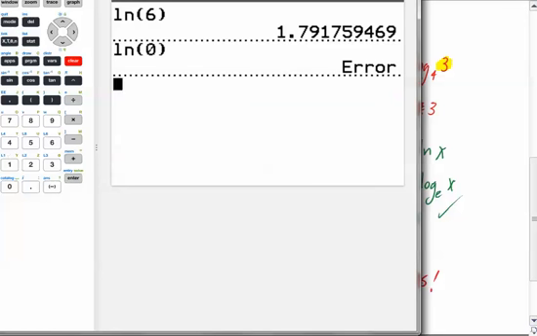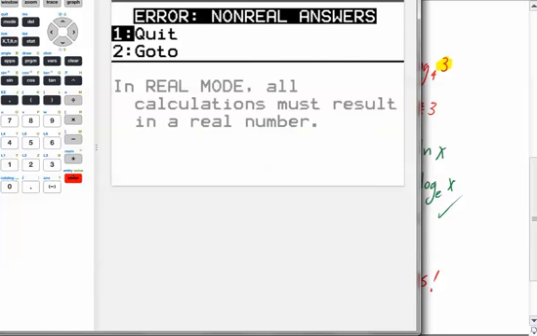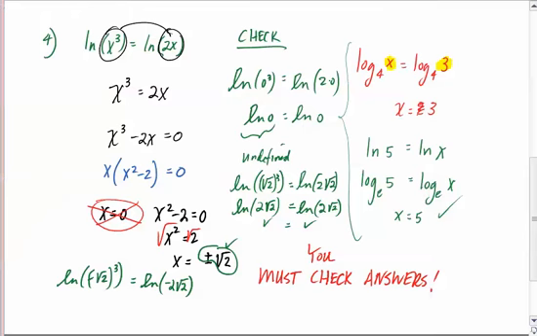Remember what happened when we tried to put the natural log of a negative? Let's just put negative 2. Forget about the fact that it has a radical. Just put a negative in. Uh-oh, non-real answer. Okay, so guess what? This is not real. This is not real. So we have to cross out the fact that there's a negative. You can't ever take the log of a negative, right?